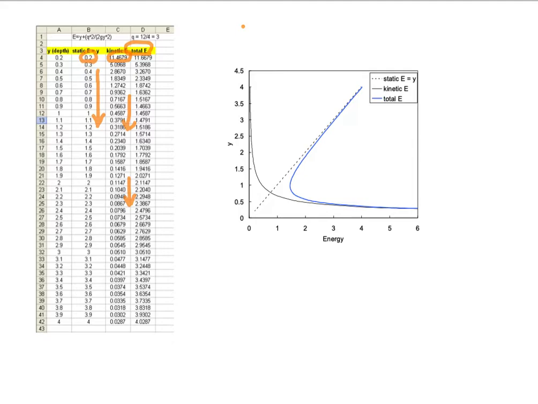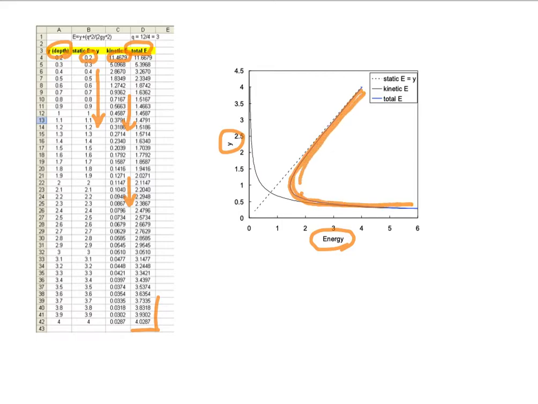So that is the idea. If we plot the total energy as the x-axis and the y as the y-axis, we find that the curve looks like this.